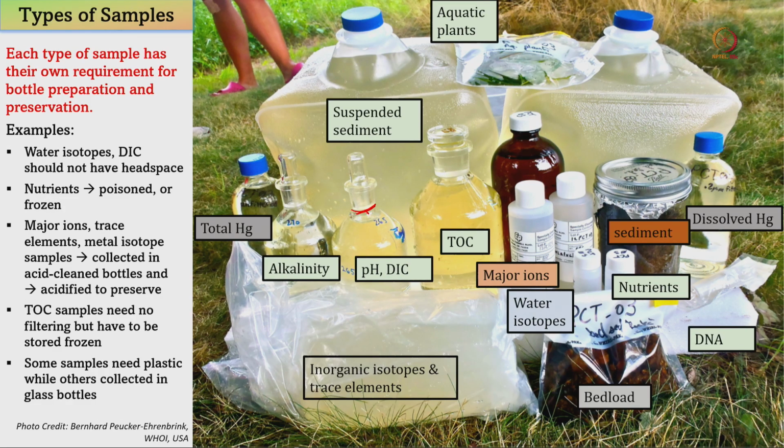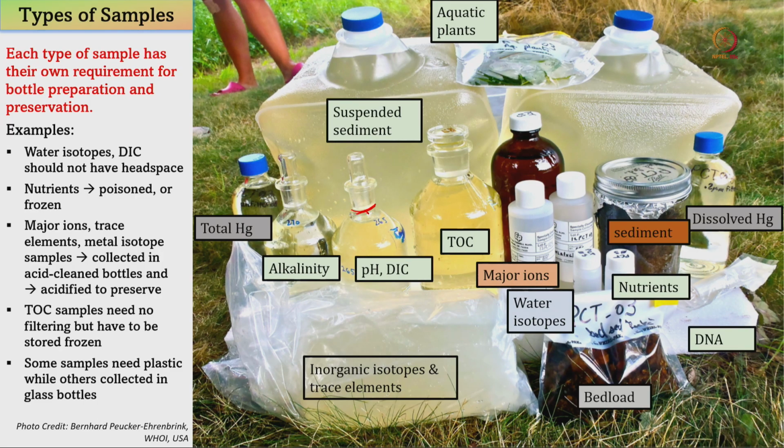The bottles can vary. For instance, some of them here you will see are plastic, some of them are glass. So, for cations, anions, nutrients, they require plastic bottles. For TOC, for alkalinity, for mercury, they need glass bottles. Okay.